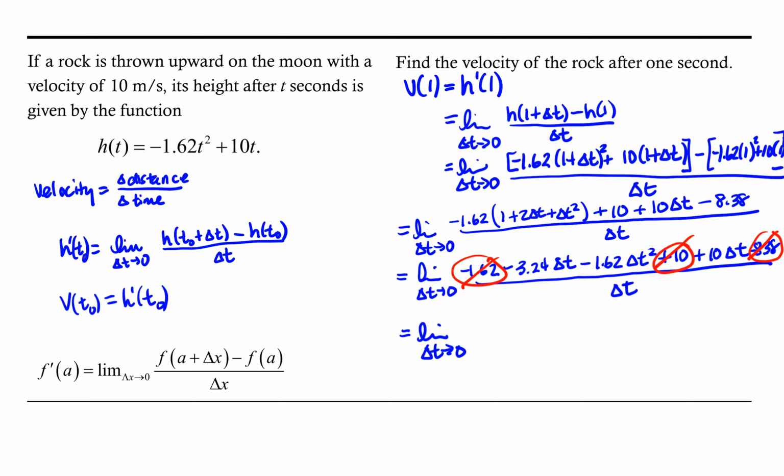We have negative 3.24 delta t and a plus 10 delta t. So I can add those together and I would get 6.76 delta t minus 1.62 delta t squared all over delta t.